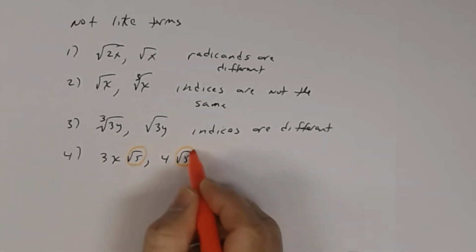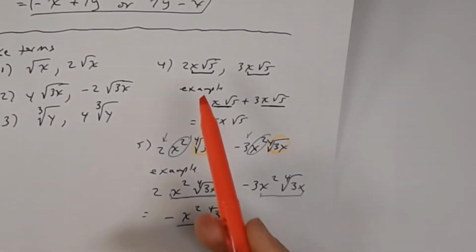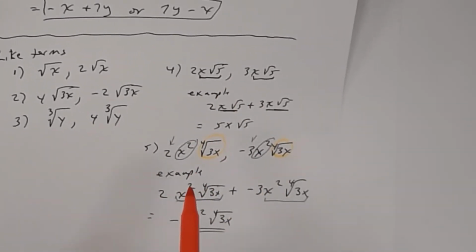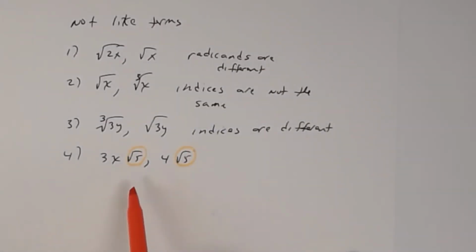So the radical part, that's not the issue, right? They both have square root of 5s in them. But remember in our discussion here, you got to pay more attention now if there's an extra variable involved that's outside of the radical, like we had here. Okay, so notice this term here, this variable expression, the first one, has an x.